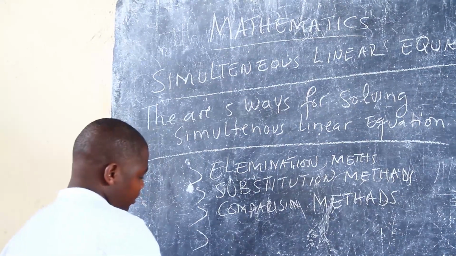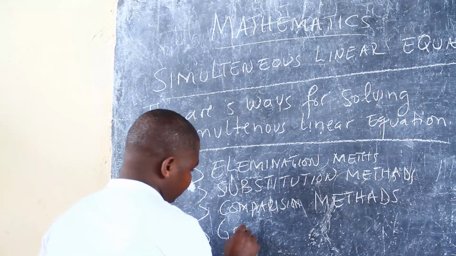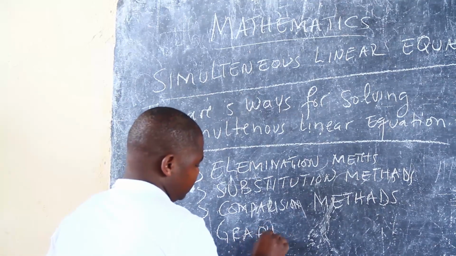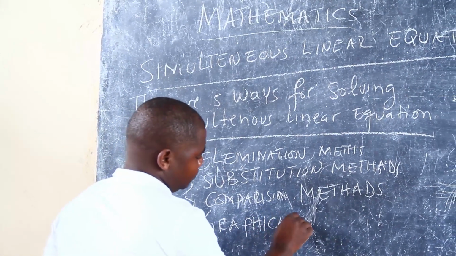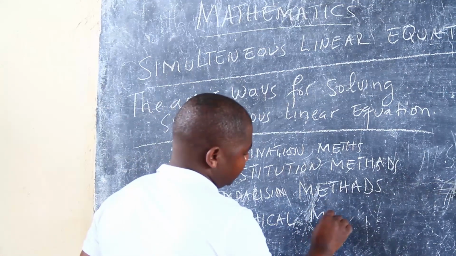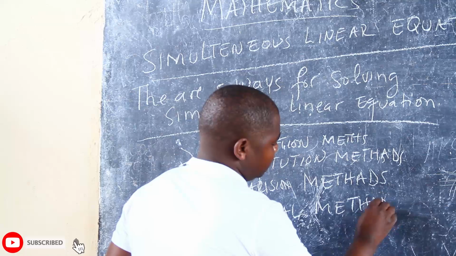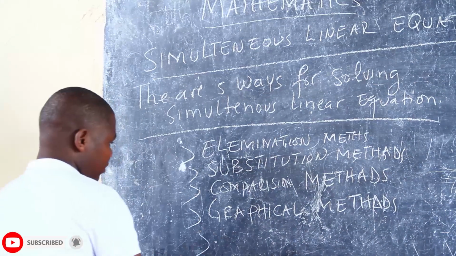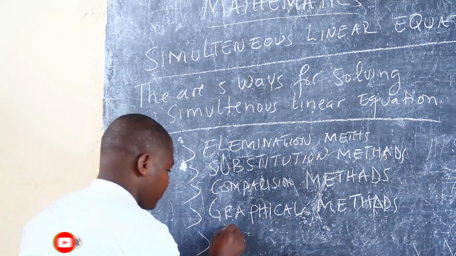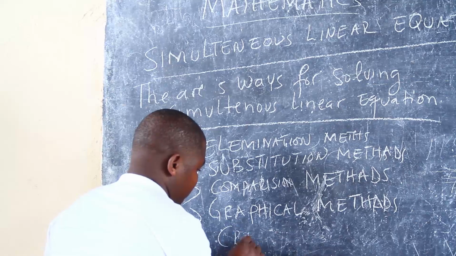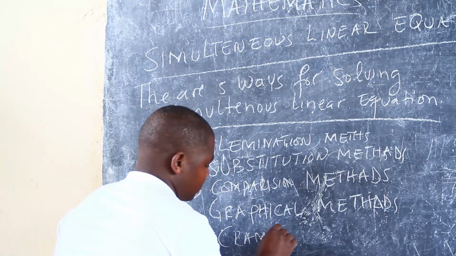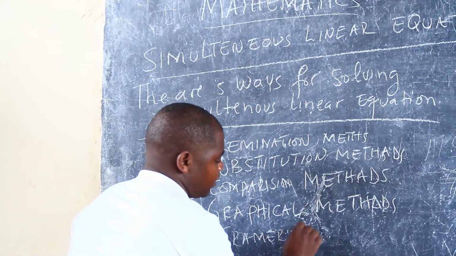The fourth one is called the graphical method. The last one is called the Cramer method.